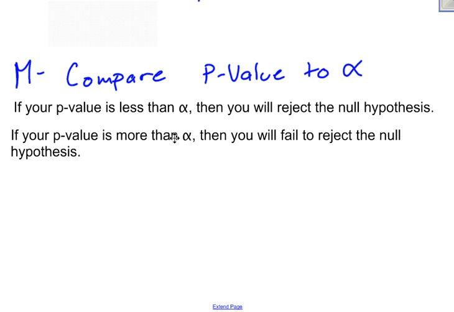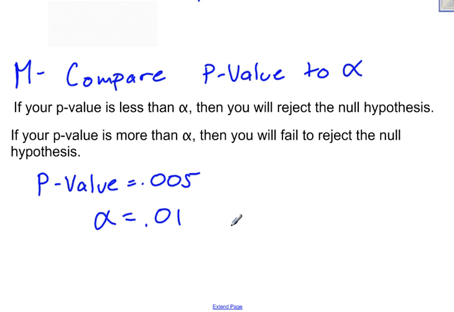M stands for make a decision, so I'm going to make a decision right now. Well, my p-value was equal to 0.005, and alpha, my level of significance, was 0.01. So my p-value is less than alpha in this case.